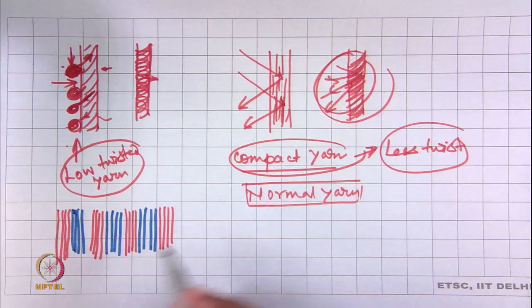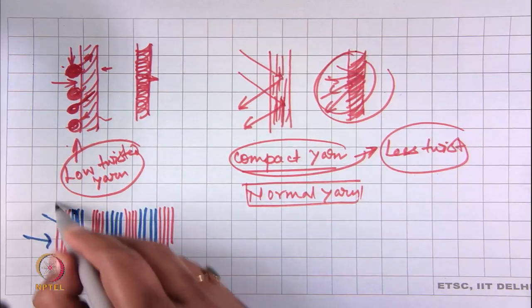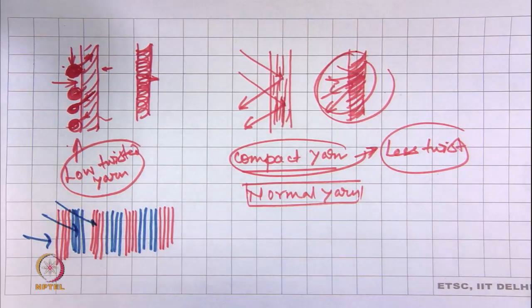The light will get reflected in different ways, and the same yarn with different twist will give a very nice shadow effect.